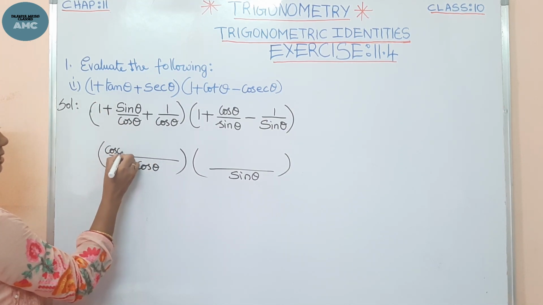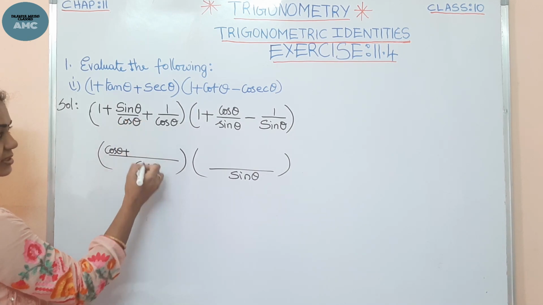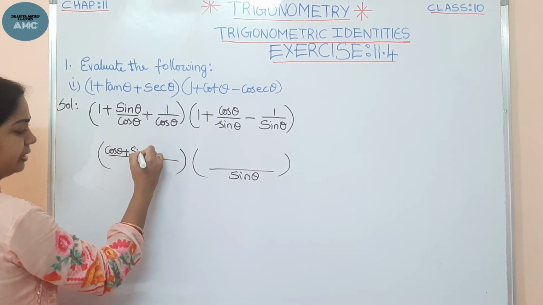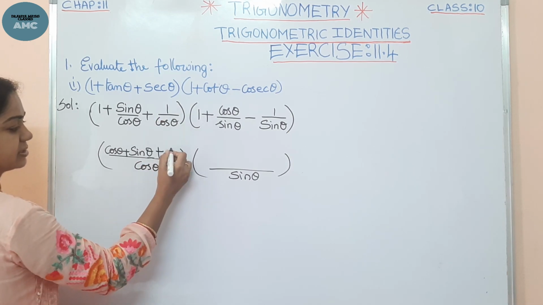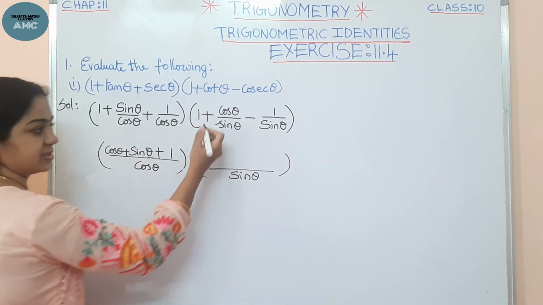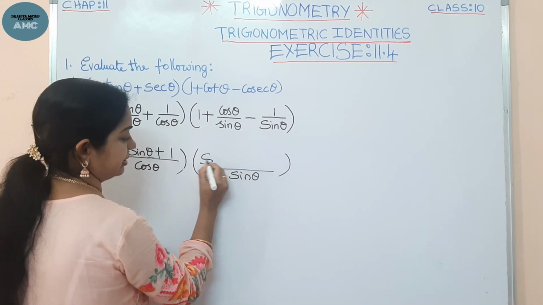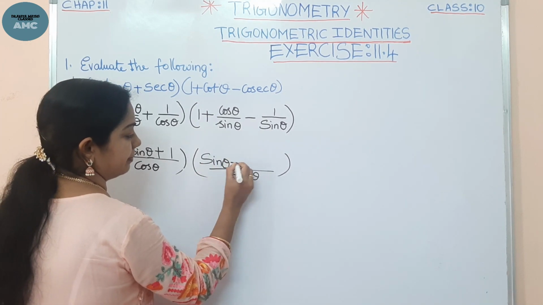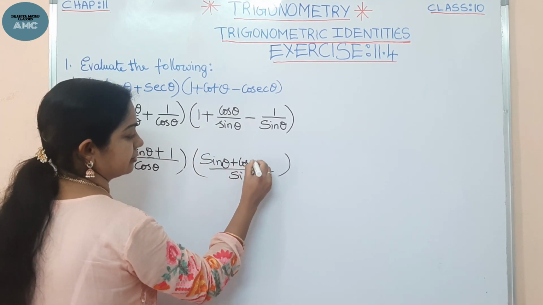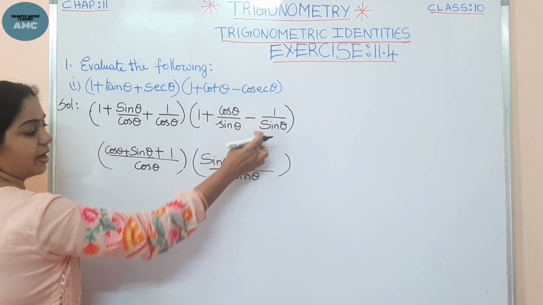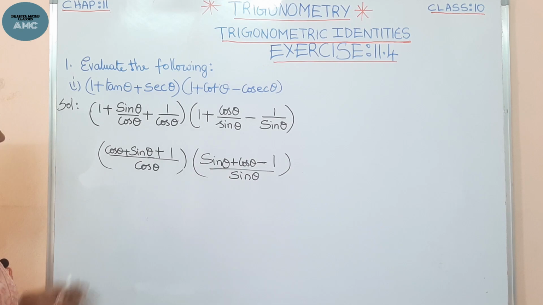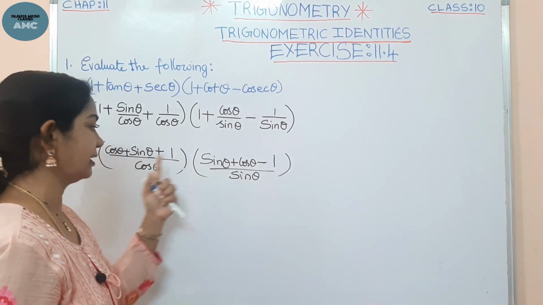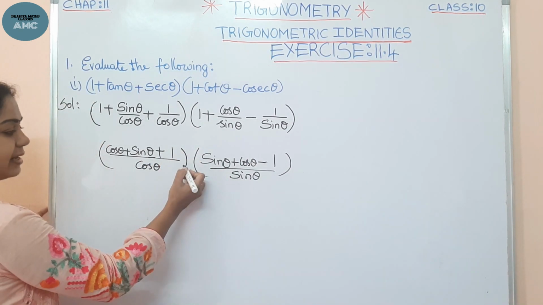So cos theta plus sine theta, and plus 1. Now the same thing, the LCM I'll take sine theta here, plus cos theta minus 1. Okay. Now see here, both the expressions are multiplied, because the bracket is there.